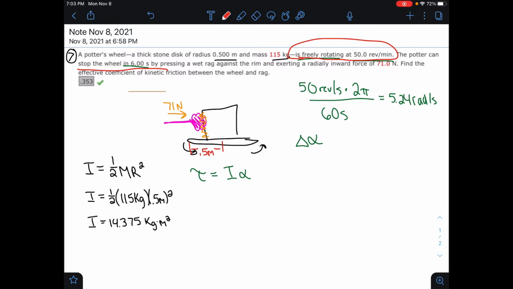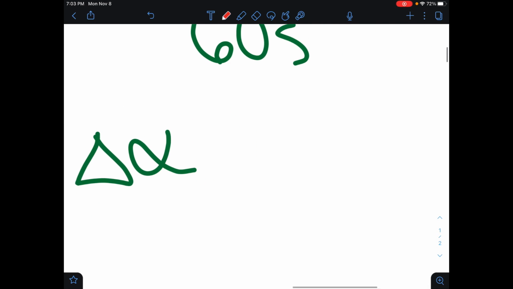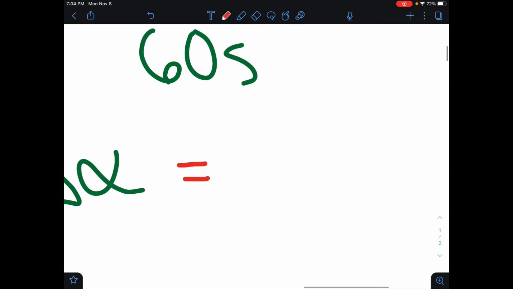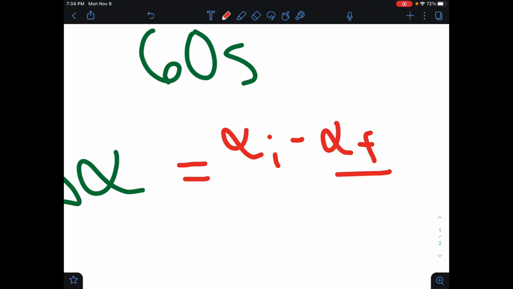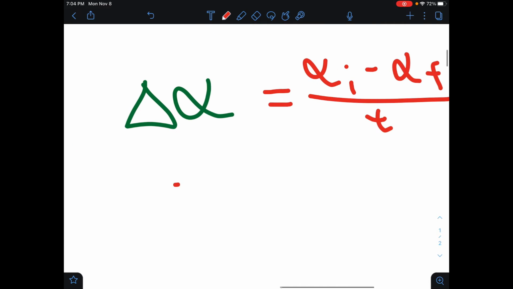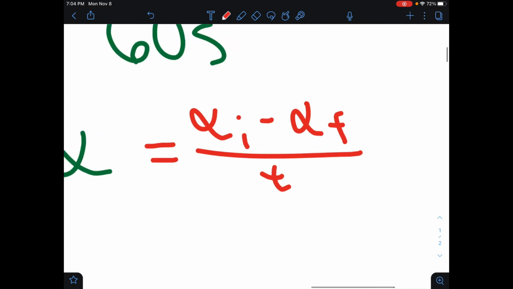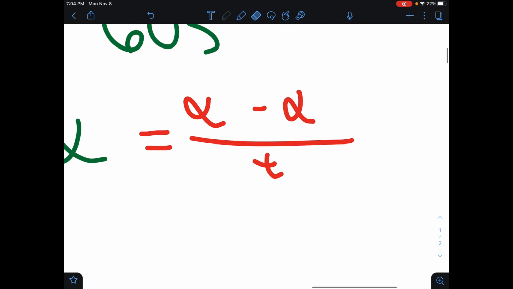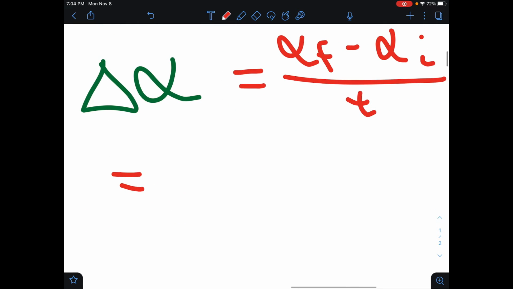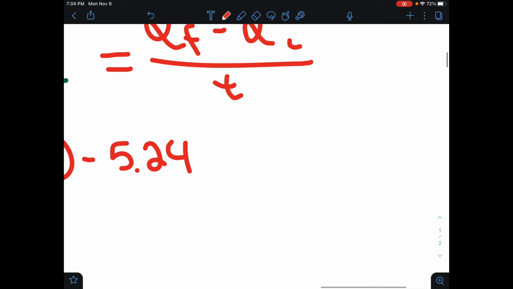So our equation for the angular acceleration is going to be initial minus final over time. No, it's final minus initial, sorry. Final minus initial is going to be equal to 0 minus 5.24 radians per second. Make sure we're in radians.